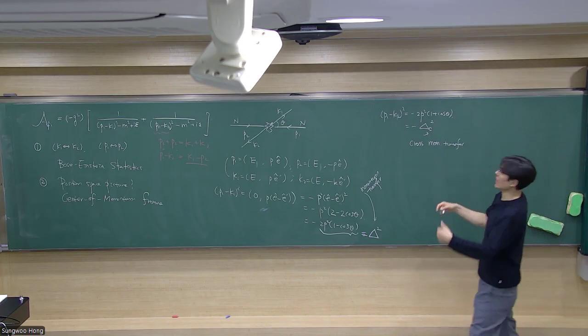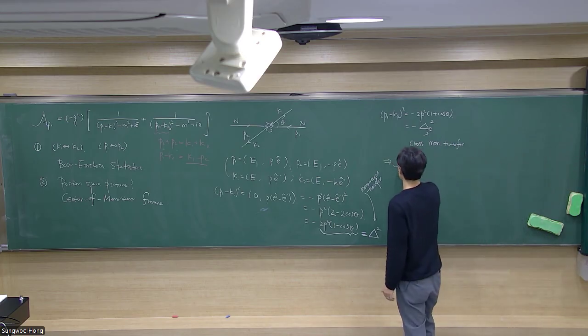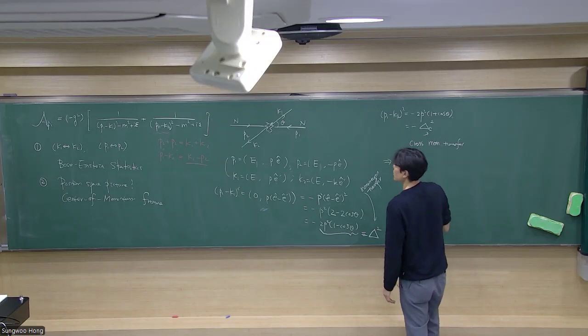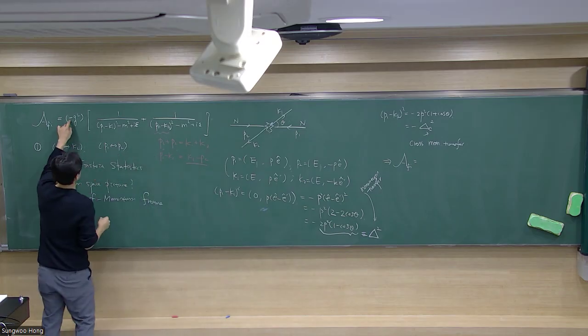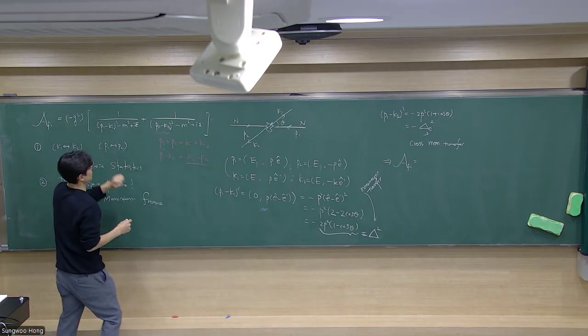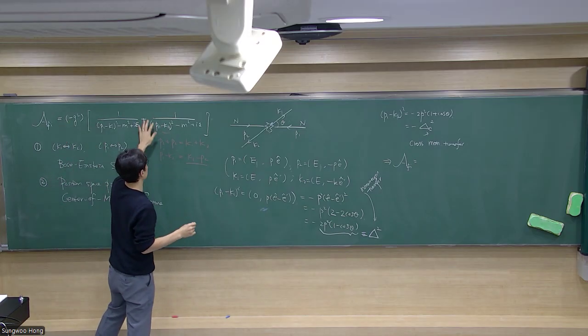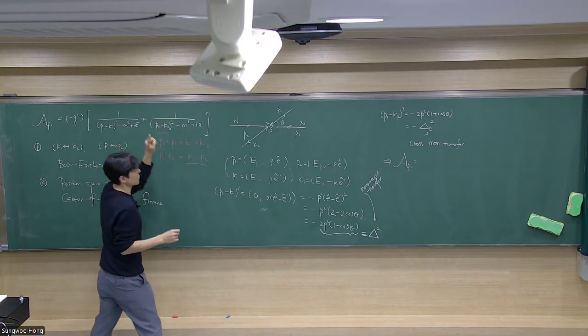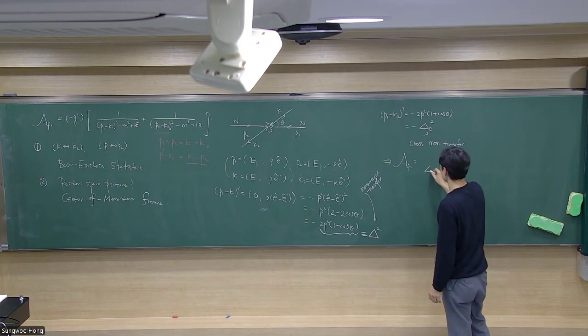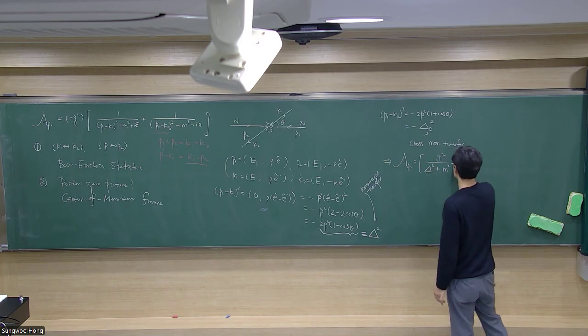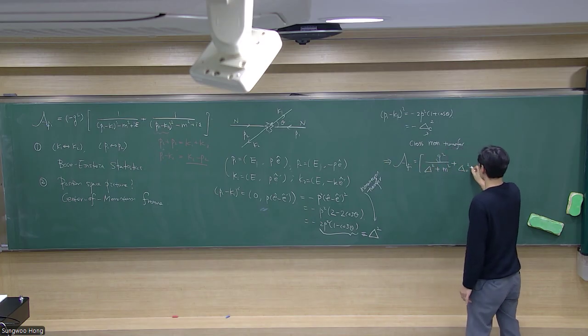Okay, so if you plug in, then our invariant amplitude becomes, there's an overall minus sign. Overall minus sign, this becomes minus delta squared, this is minus delta c squared, minus, let me drop the epsilon for now. So you should get basically g squared over delta squared plus m squared, plus g squared over delta c squared plus m squared.